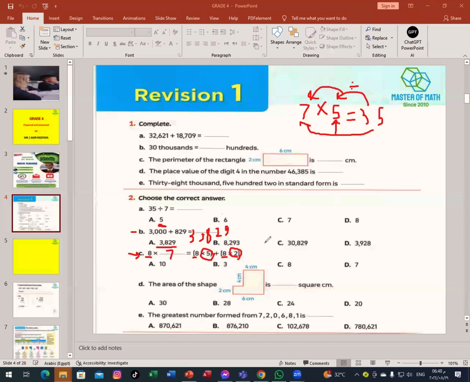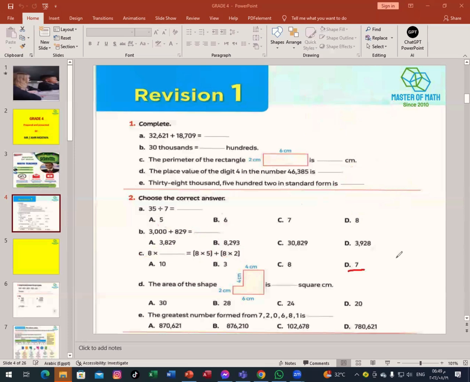It's about the distribution property, which we took in grade 3. 8 times 7, I can write 7 as 5 plus 2, so I will multiply 8 times 5 and 8 times 2. I distribute multiplication over addition, okay? This is the distribution property, which we took in grade 3. So the correct answer is 7.